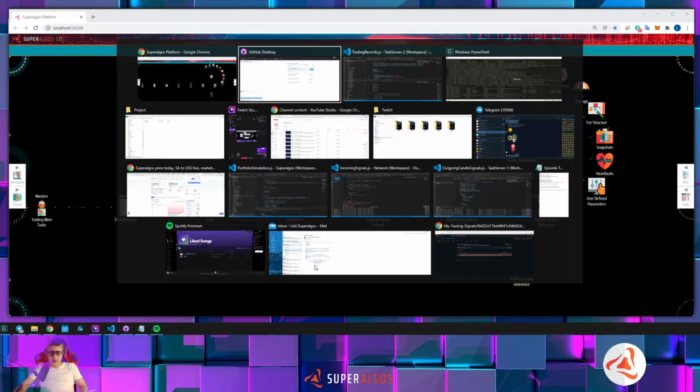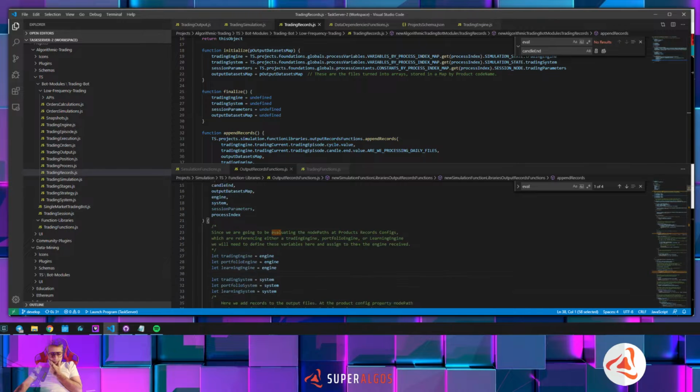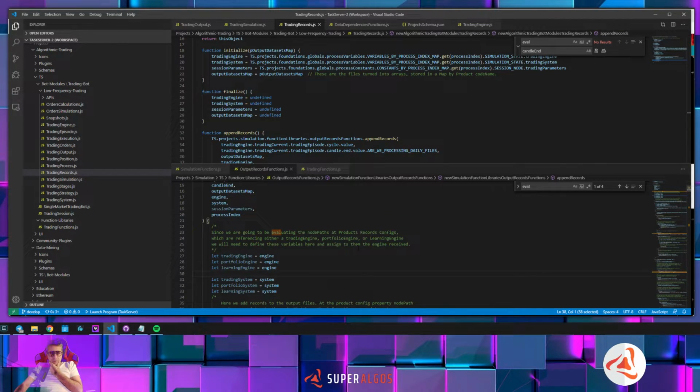That means that this code is good. Okay, so perfect.